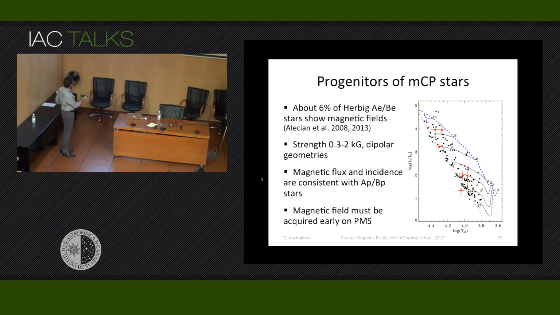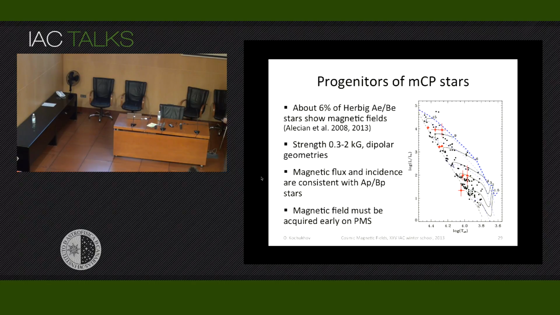So black points correspond to stars that they observed and did not detect as magnetic, and red points correspond to stars detected as magnetic. And they seem to have magnetic fields very similar to what is shown by magnetic A stars. So already these young A stars have well-developed dipolar fields of this strength.